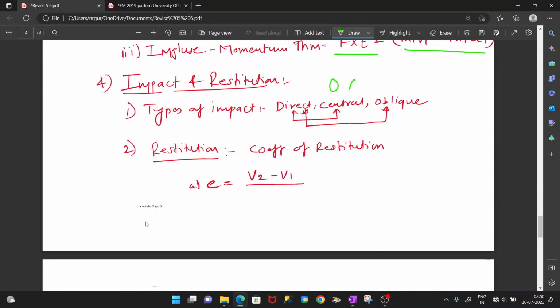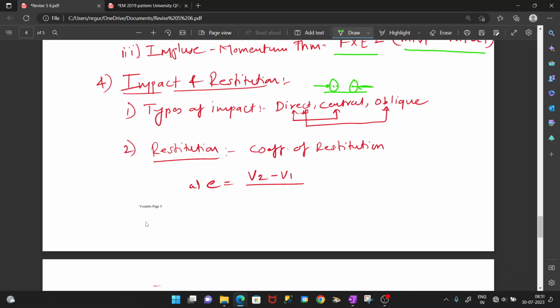If the bodies have their line of impact on the same line, then it's a direct impact. If their CG is on the same line, then it is a central impact. If they are not on the same line, this is oblique impact. Some types of impact are direct central impact, direct oblique impact, etc. Getting it? So these are the types of impact. Some theory part is there.